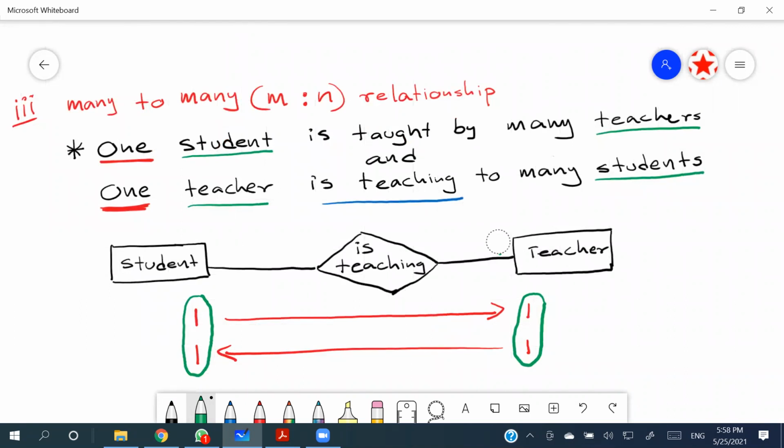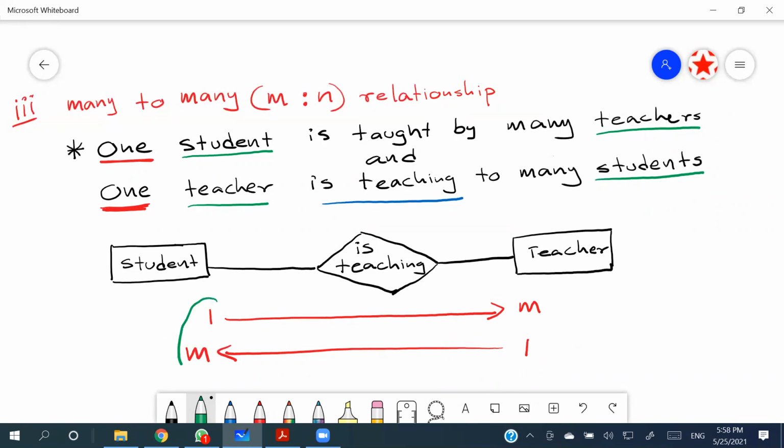And when it comes to the cardinalities, we have to see how it happens, right? So it explains one student is taught by many teachers according to the scenario, and one teacher is teaching to many students according to the scenario.